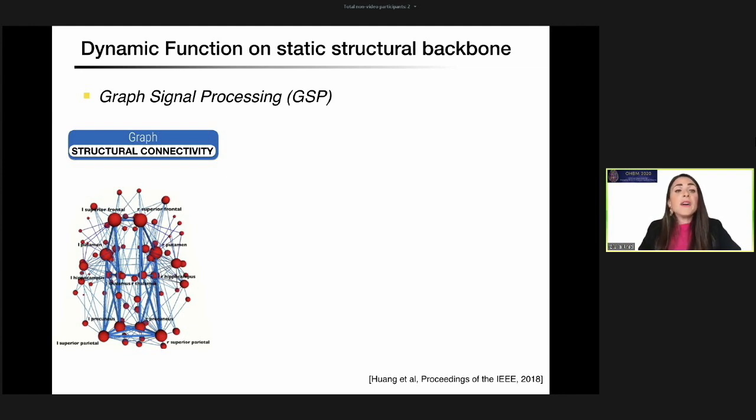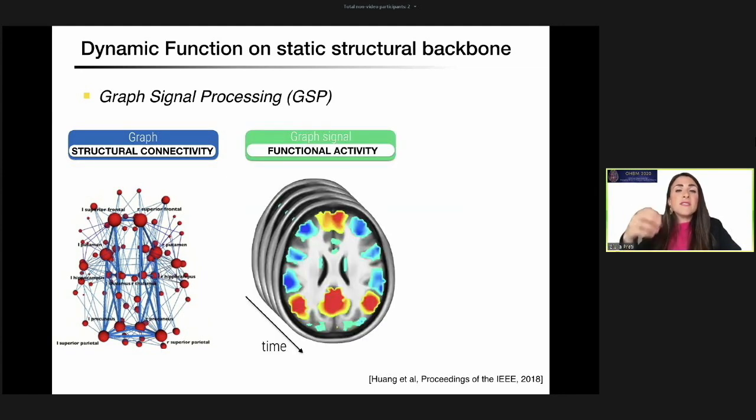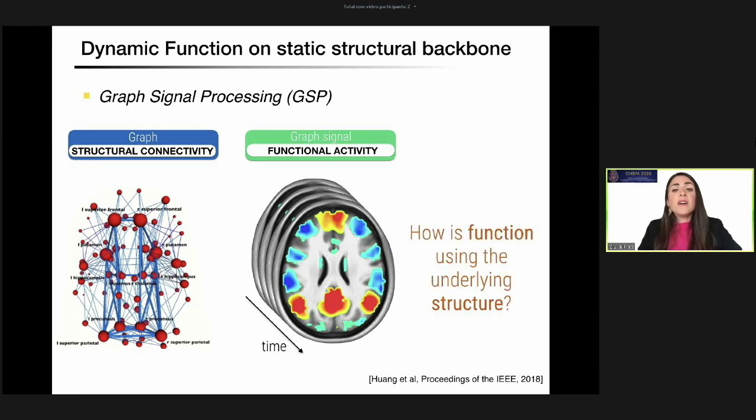And we have a graph signal, which is a signal defined at the very same nodes of the structural connectome. In our case, the signal is given by the functional activity and changes over time. So the question is, how is the function using the underlying structure?